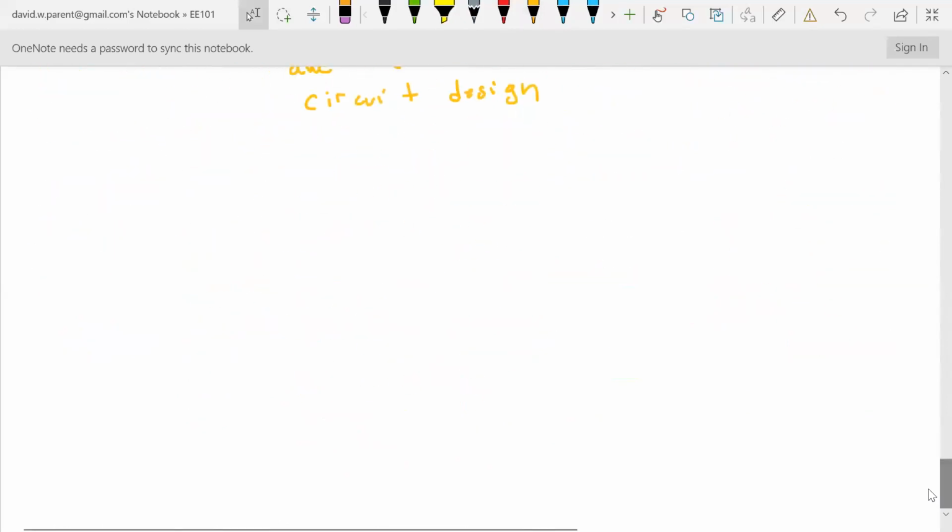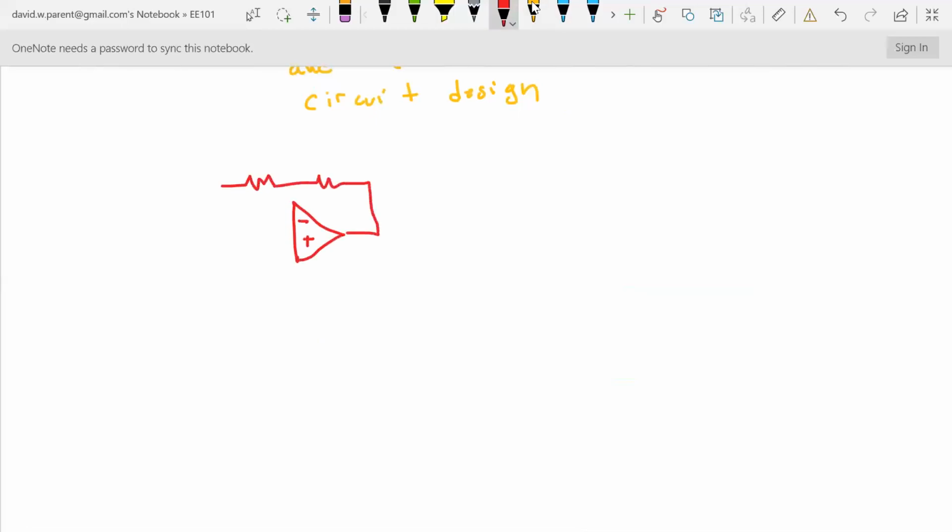So let's see how this plays out. You see this circuit, and on the 101, I don't think I asked you this circuit.